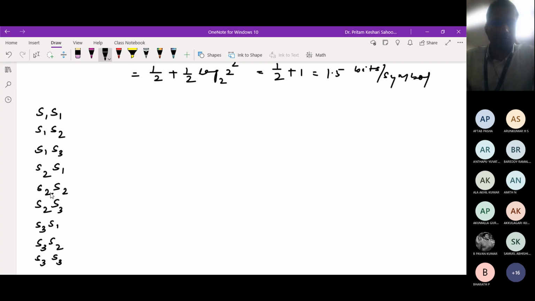So 1, 2, 3, 4, 5, 6, 7, 8, 9. So we have got 9 symbols.